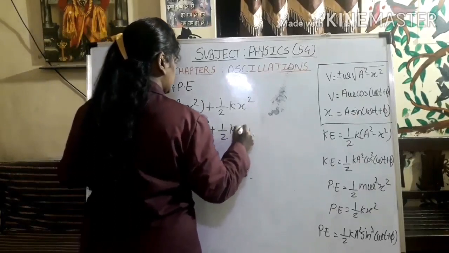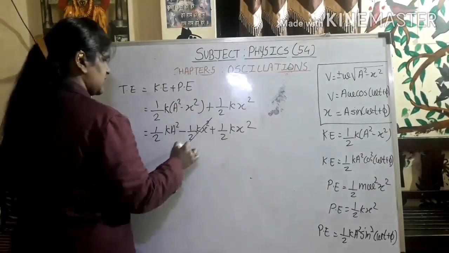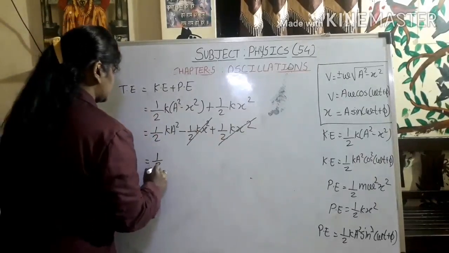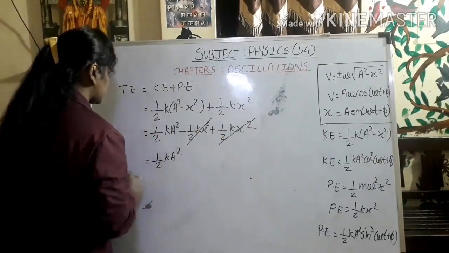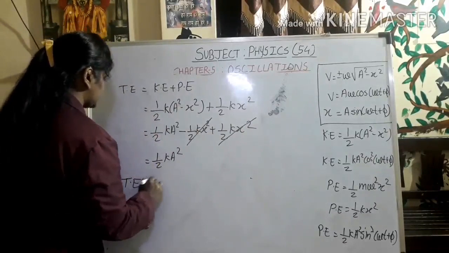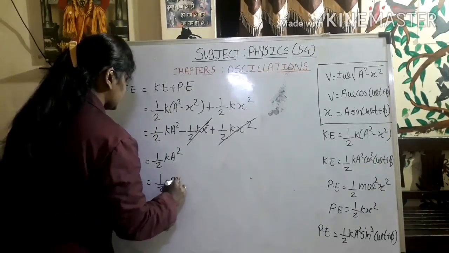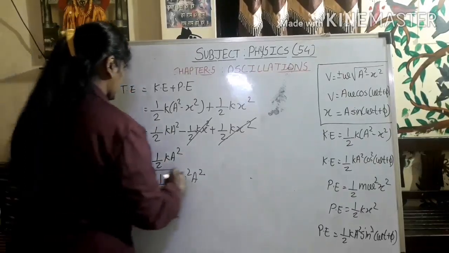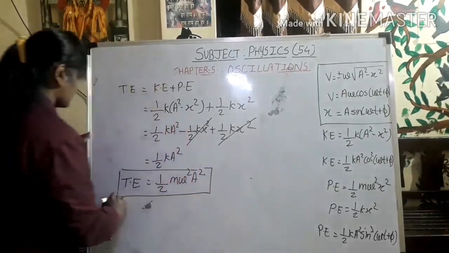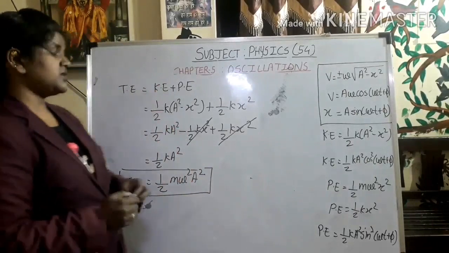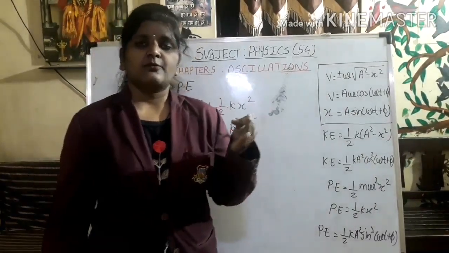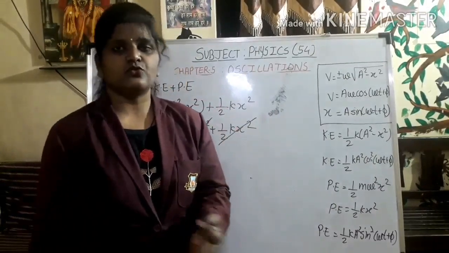So this is what I got. This half kx square and half kx square will get cancelled. So I got this as the total energy. So this is all about kinetic energy, potential energy and even total energy.